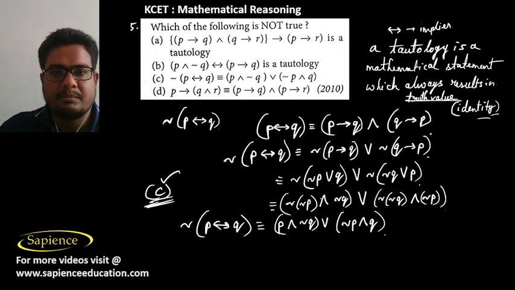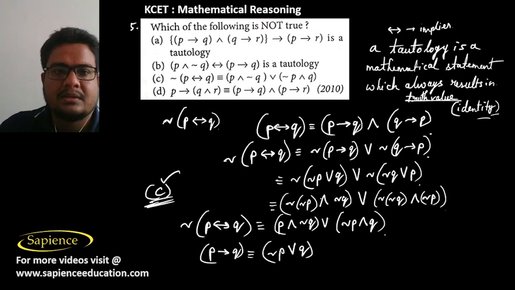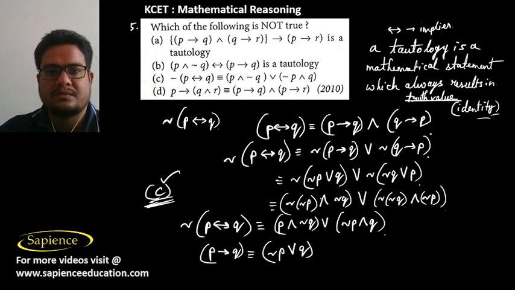The option B, suppose, for example, if P then Q, this is equivalent to not P or Q, but here it is written P and not Q. It is always false actually.